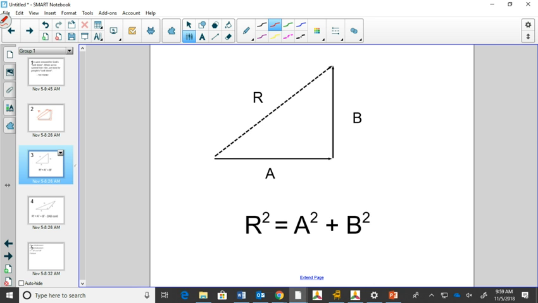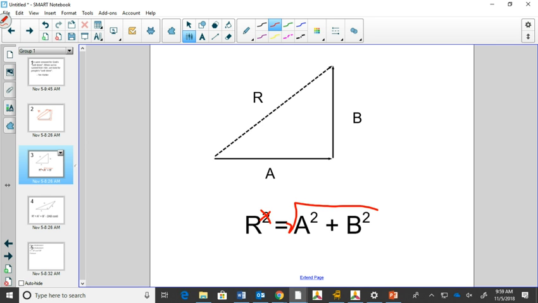And I find that my resultant squared is equal to a squared plus b squared. Of course, I could also say that r is equal to the square root of a squared plus b squared. Easy, right? Old school stuff. You all have a tattoo somewhere on your body of Pythagorean theorem because it's so easy and you love it so much.